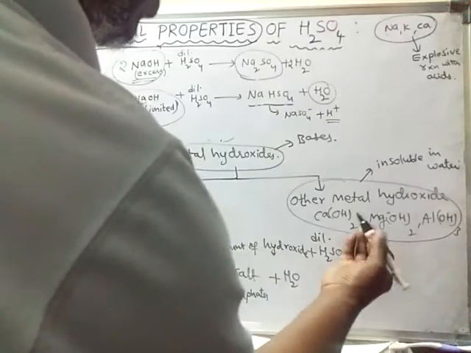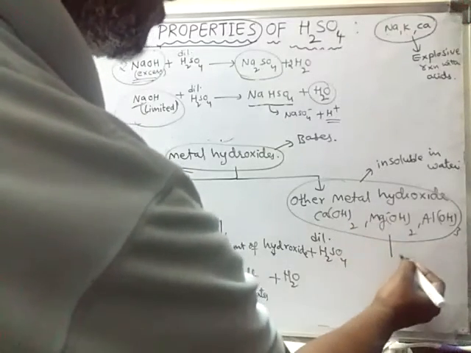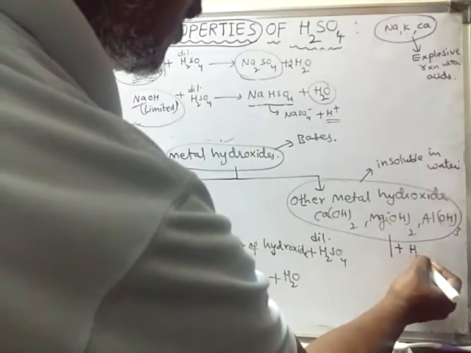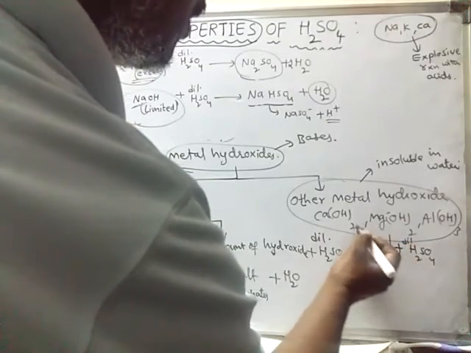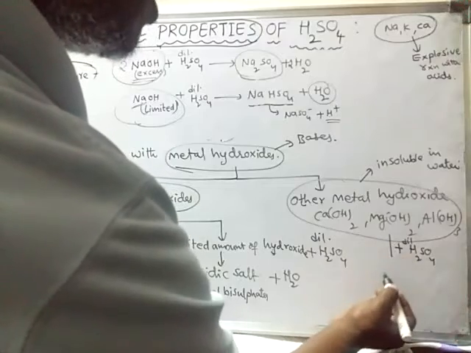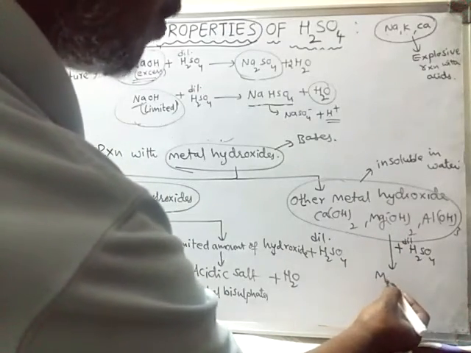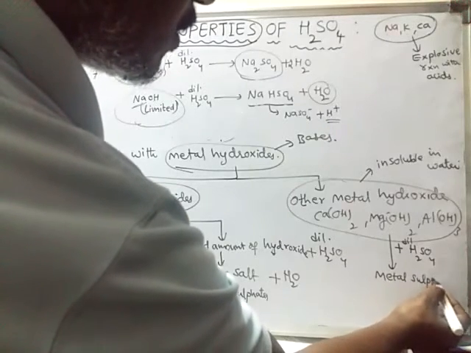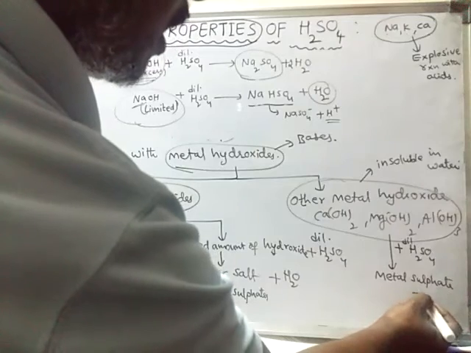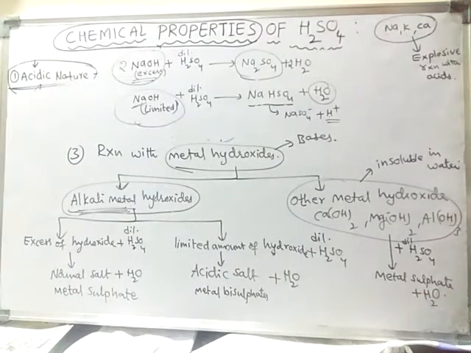They will form only sulfates. These metal hydroxides react with dilute sulfuric acid to form normal salt, metal sulfate, along with the liberation of water.